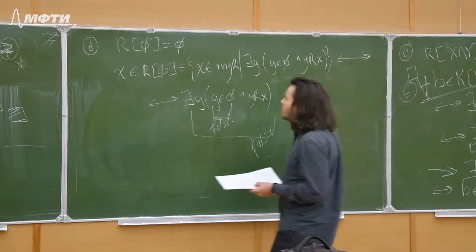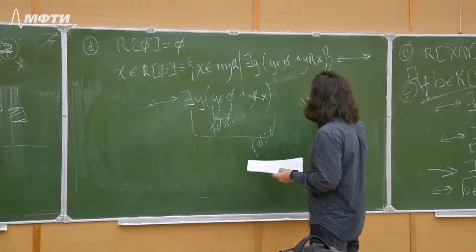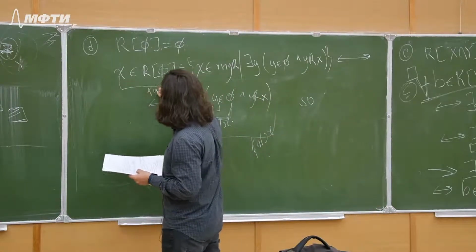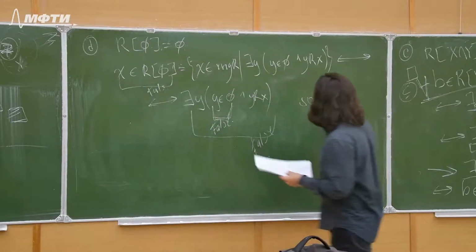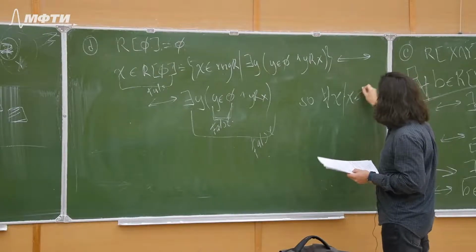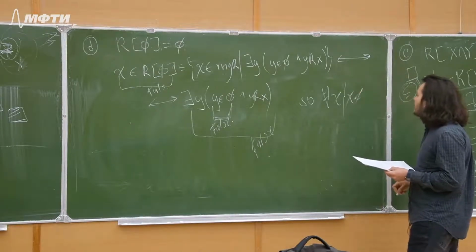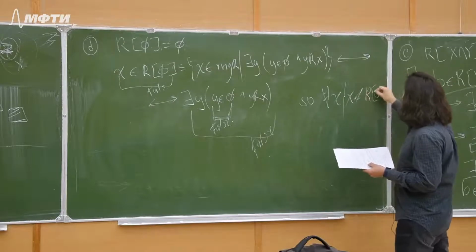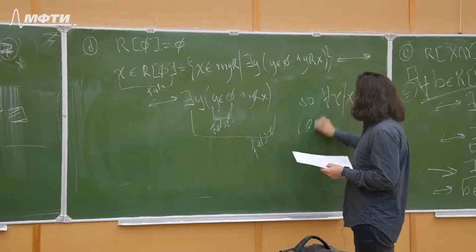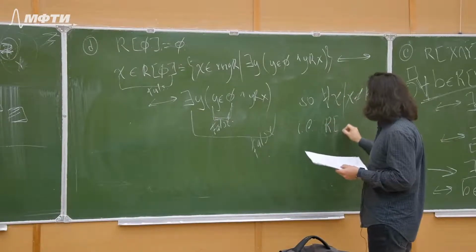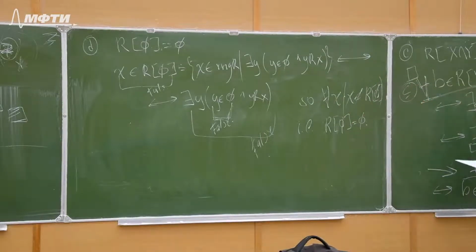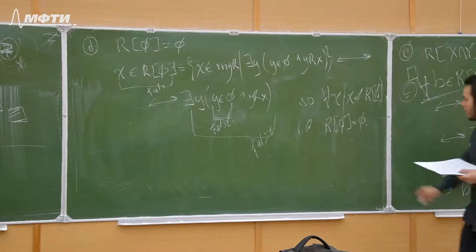So for all X, we have that X is not an element of the image of the empty set. It means that the image of the empty set is empty. Okay, and that's it.